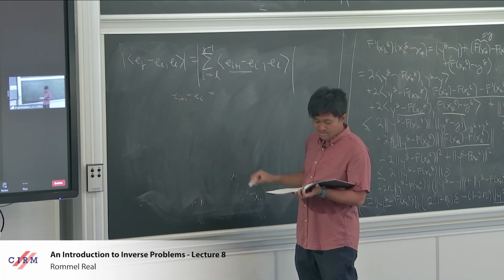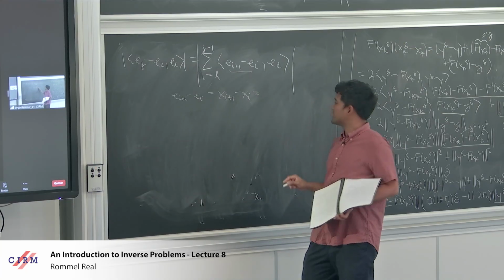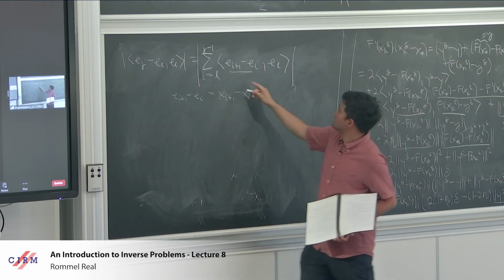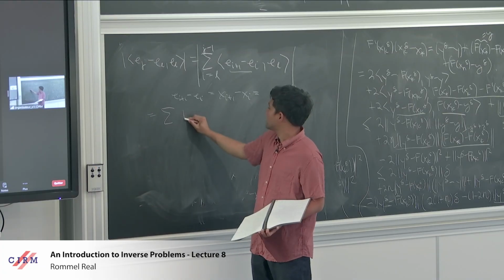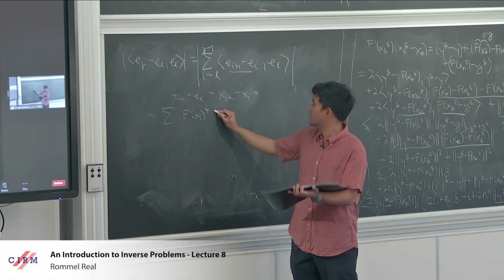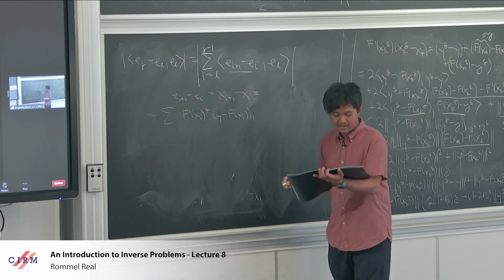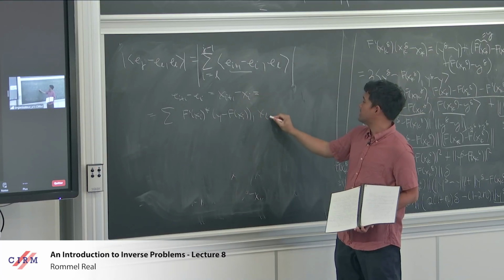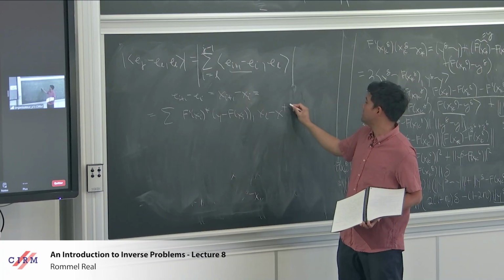This is just equal to x sub I plus 1 minus x sub I, and from the definition of the Landweber iteration, this will just be equal to the sum of f prime of x sub I star times y minus f of x sub I, times, using the definition of E L, x sub L minus x dagger. Okay?